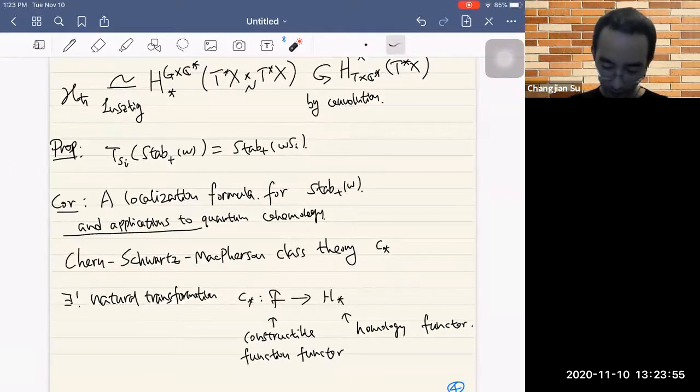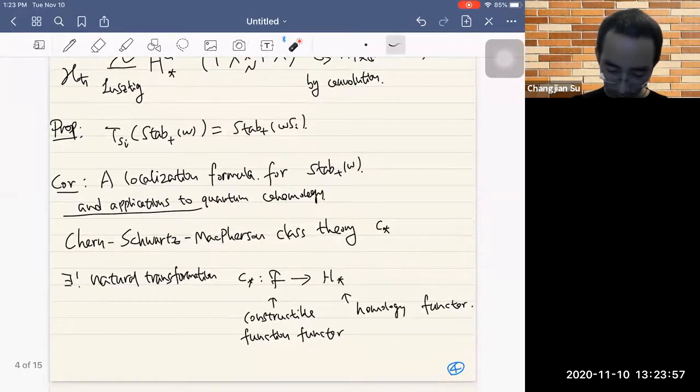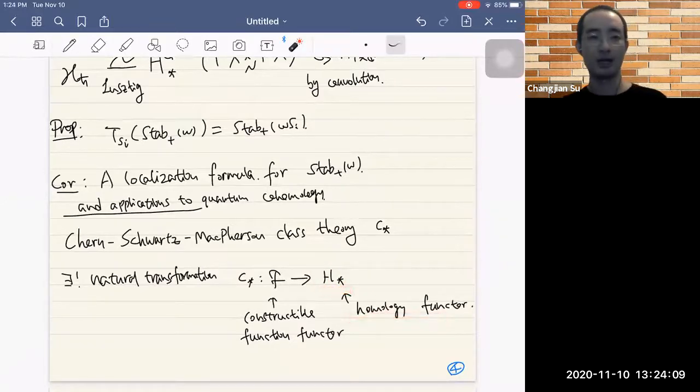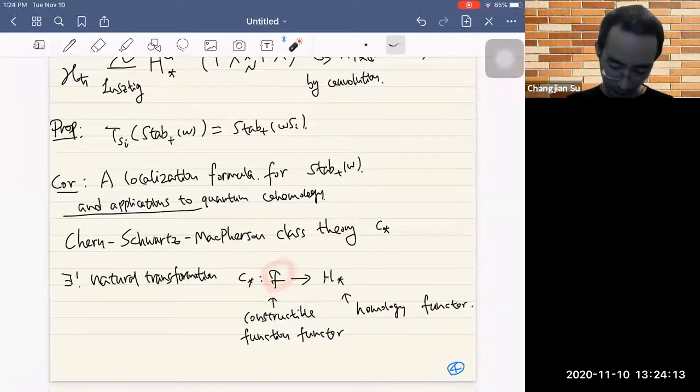So what are these classes? We consider two functors on the category of varieties. The first functor is the homology functor: if you have a variety, you can take its homology. The other is the constructible function functor: if you have a variety, you can consider all the constructible functions on that variety.